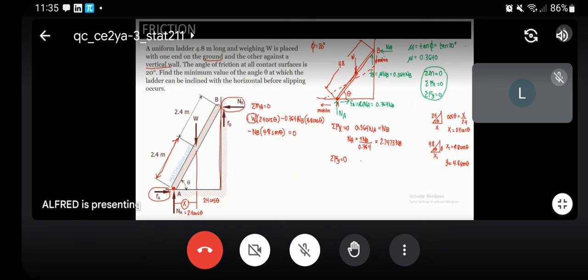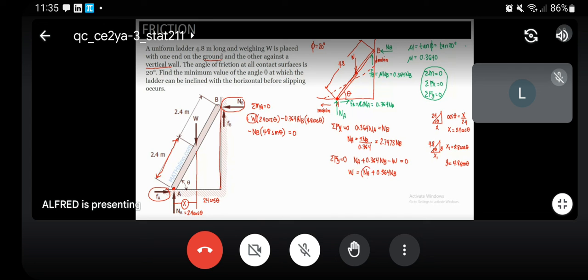So, your summation Fy is NA plus Fb, which is 0.364 NB, and then minus W is equal to 0. So if we solve for W, it is equal to NA plus 0.364 NB.